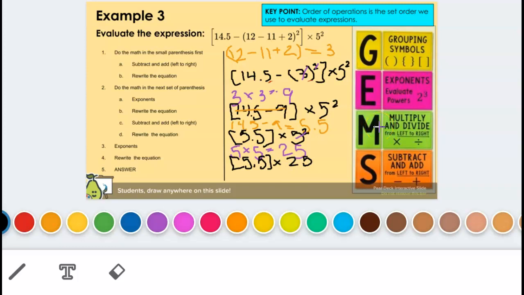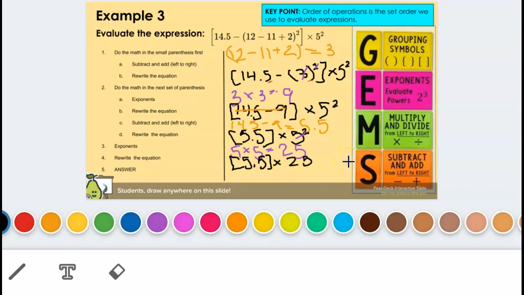So we again start at the top. Grouping. Well, we've discussed this grouping is already finished. It's just got those brackets around it. Do we see any exponents? I don't see any exponents. Do we see any multiplication or division? Yeah, we see a multiplication sign. And this is our actual last thing we need to do, right? Because then we'll have one number left.